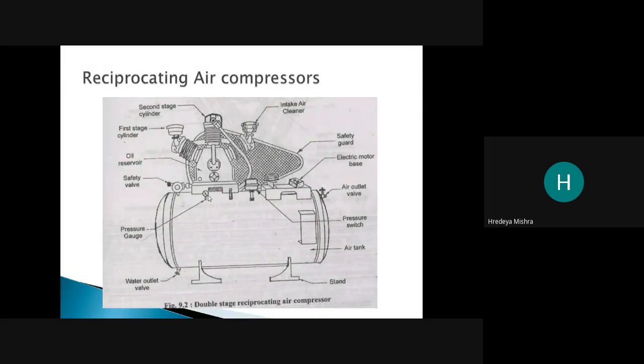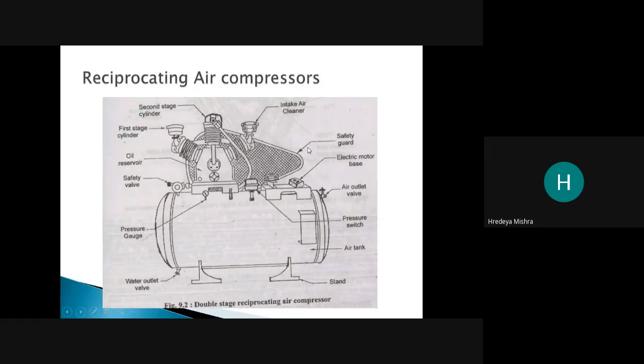The pressure gauge indicates how much pressure is available in the air tank. So it protects the air tank. And this is our air outlet. We connect the pipe here and supply the compressed air where required.